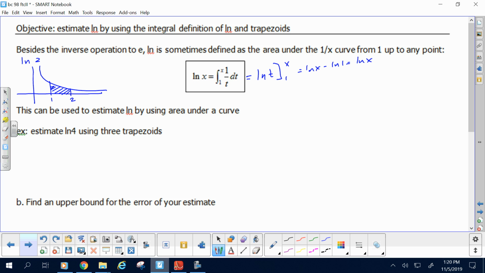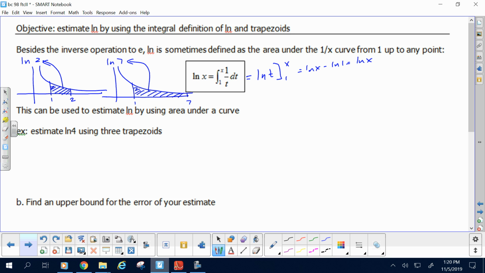That blue area is equivalent to the natural log of 2. And if I wanted the natural log of 7, that's equivalent to graphing this and going from 1 to 7. That shaded area is equivalent to the natural log of 7.